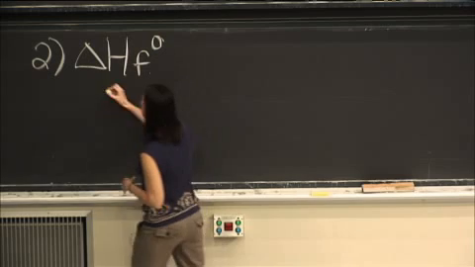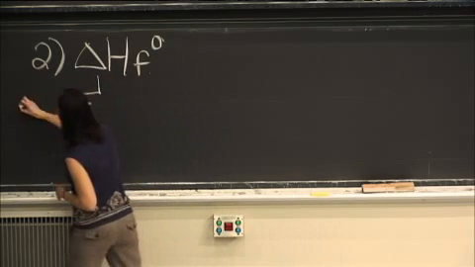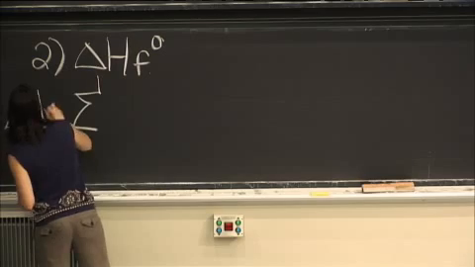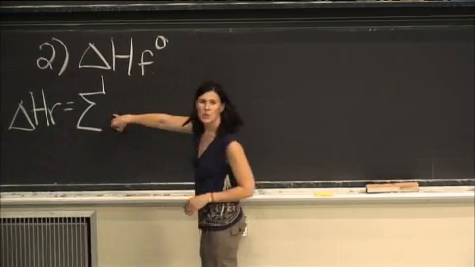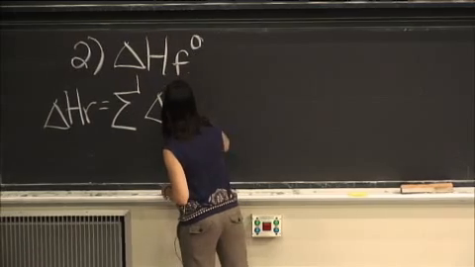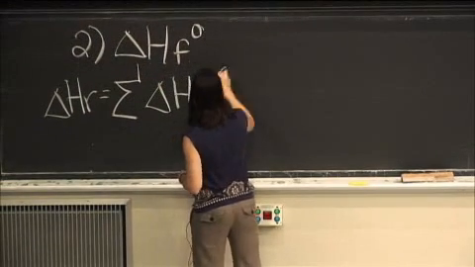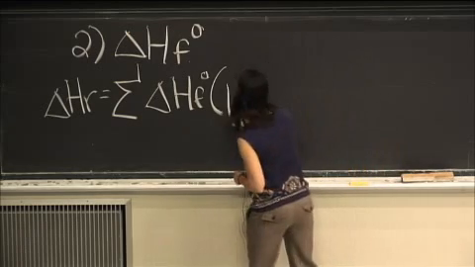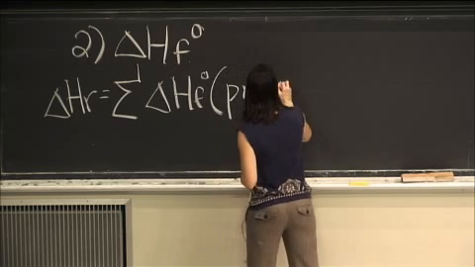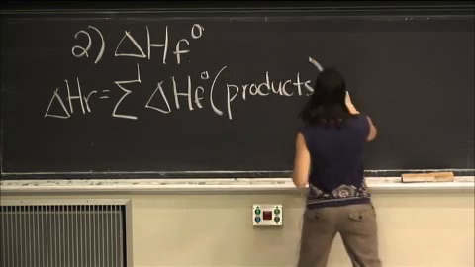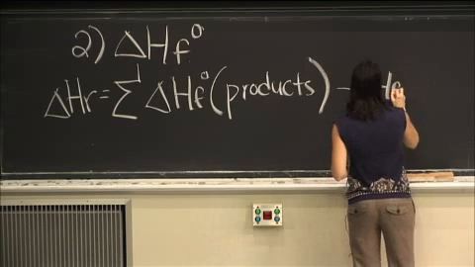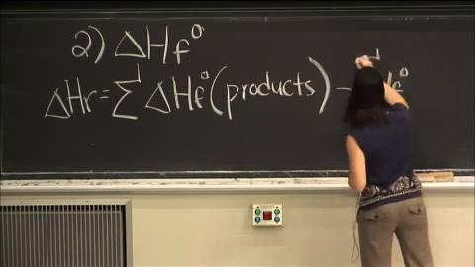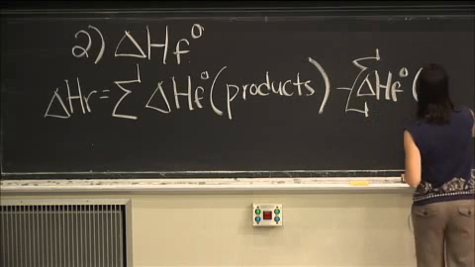So if we're trying to do a calculation using enthalpies of formation, what we find is that delta H of the reaction is equal to the sum of the delta H of formation of products or reactants? Products, good. Of products minus the delta H of formation, and this is the sum again, of reactants.